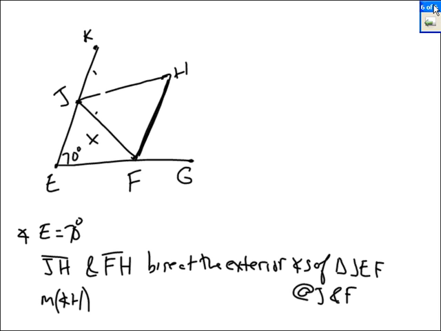That is, if I call this X, well then that's X. Now, in that same triangle, FH bisected the exterior angle at F. Well, let's just look at this inner triangle, EJF. This is their exterior angle at F. But FH cut it in half. That is Y and Y.